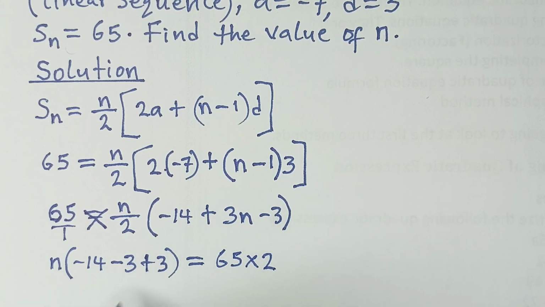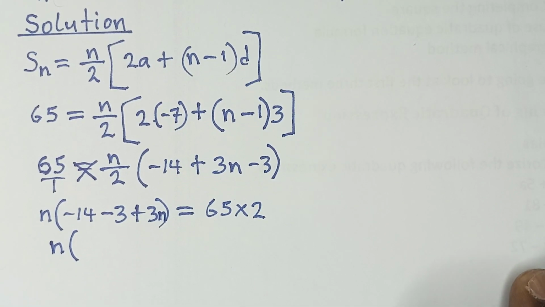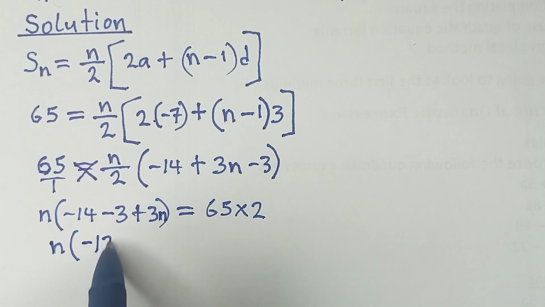Then if I open up this bracket, let me simplify what is inside the bracket first. Sorry, this is 3n. This -3 is written here, and then this positive 3n is this. So if I simplify what is inside the bracket, I have -14 minus 3, and that will give me -17, and then plus 3n.